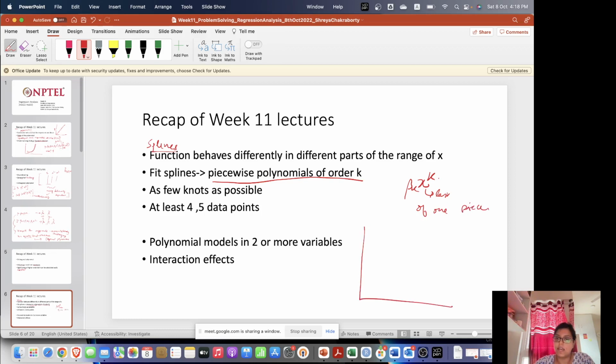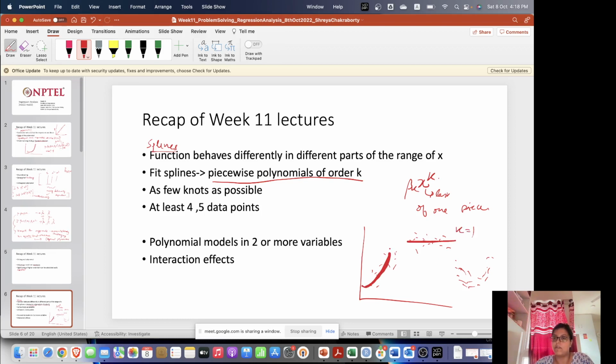So let's say we have something like this here, then something like this, and then something like this. This one can be fitted by a quadratic fit, this could be a linear fit.